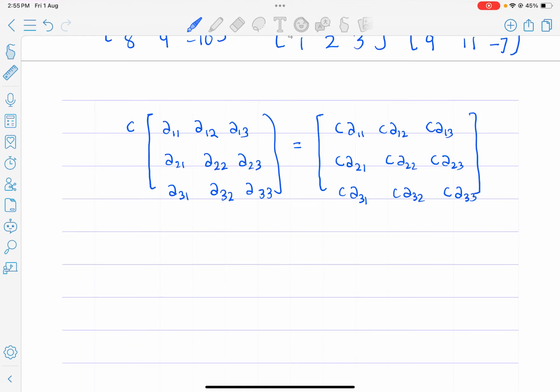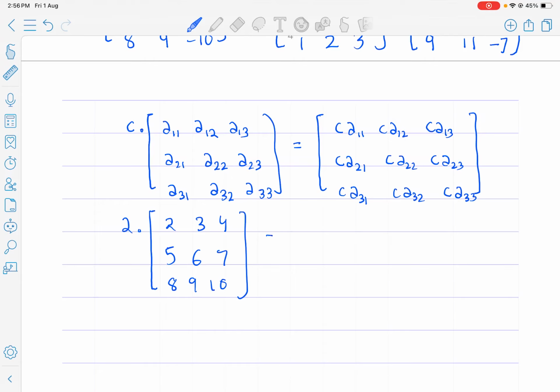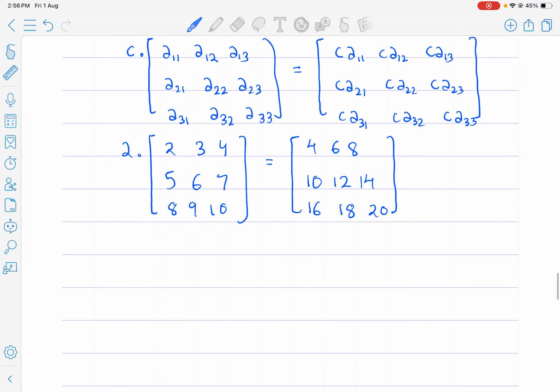So this is the matrix dot. For example, let's say 2 dot the matrix 1, 2, 3, 4, 5, 6, 7, 8, 9, 10. So this will be 4, 6, 8, 10, 12, 14, 16, 18, 20.